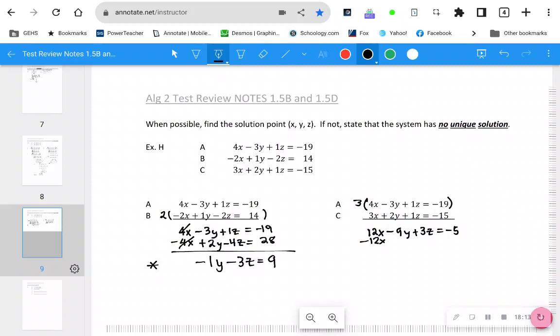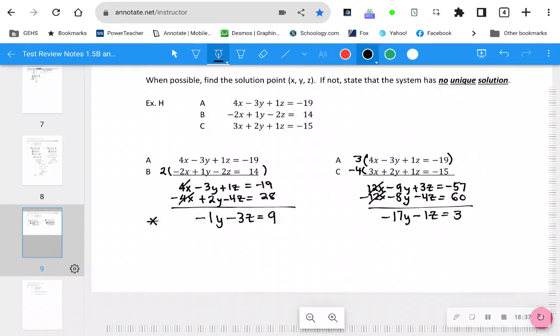Negative 57. And the bottom line has to be multiplied by negative 4. Adding these lines cancels the x. And we get our double star equation.